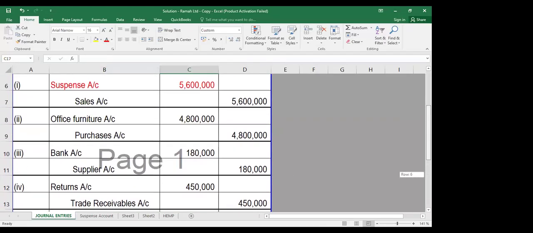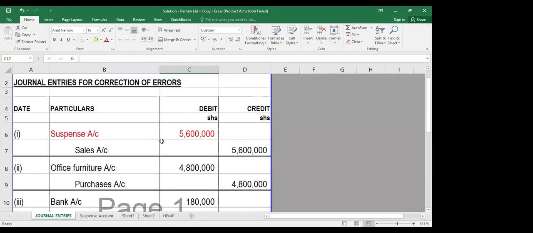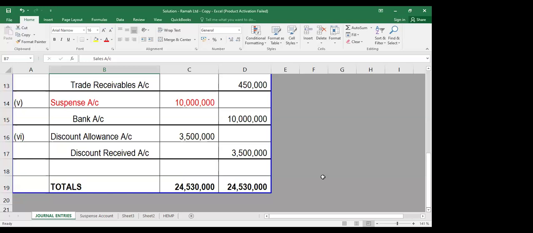So when you go to your suspense account, you're going to debit your suspense account with 5.6. Then you're going to also, no, don't debit. You're going to credit your suspense account with 5.6.